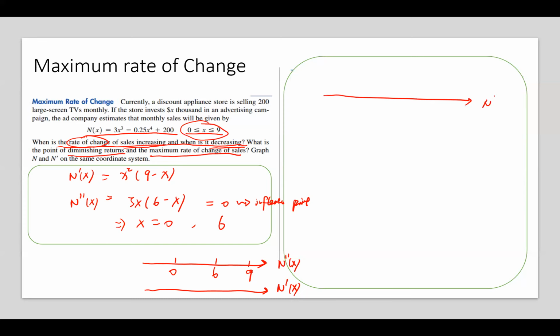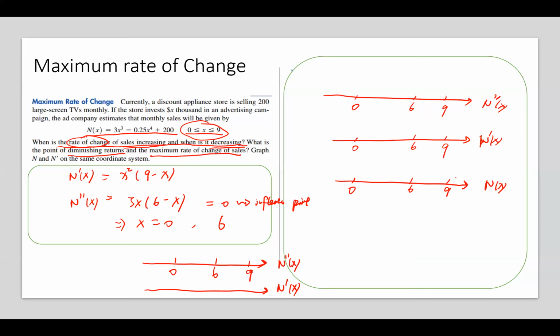We have n double prime of x at 0, 6, 9. We also want to look at the first derivative, n prime, at 0, 6, 9, and then the raw function. These are the only three subjects of interest, and we can draw them out first and then see what happens at this particular point.